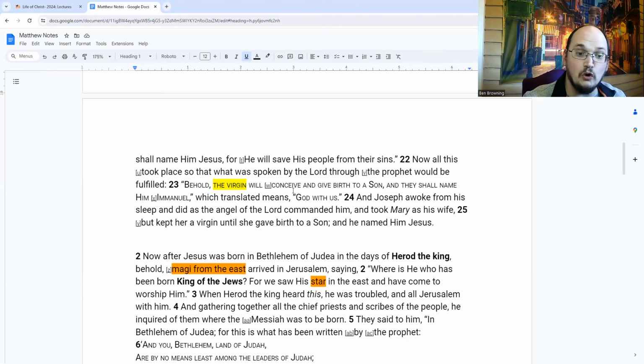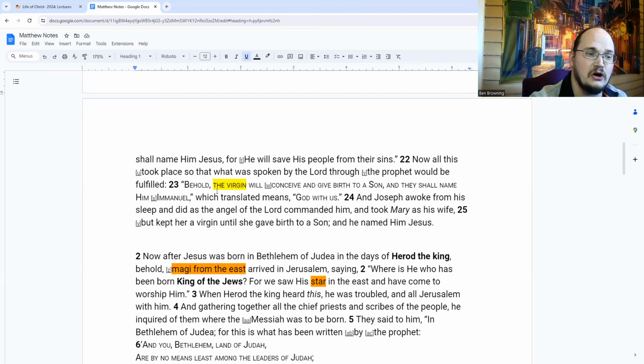Then Joseph awoke from his sleep and did as the angel of the Lord commanded, and took Mary as his wife, but kept her a virgin until she gave birth to a son, and named him Jesus.